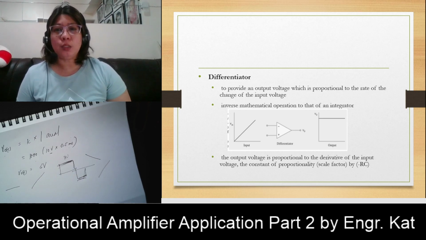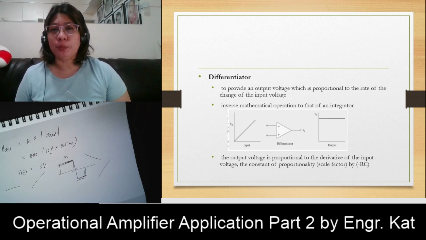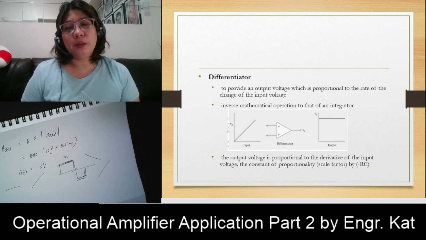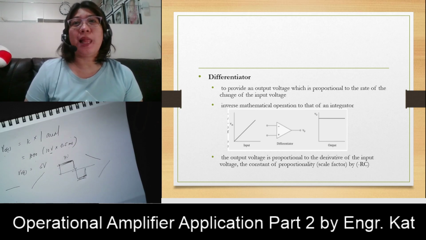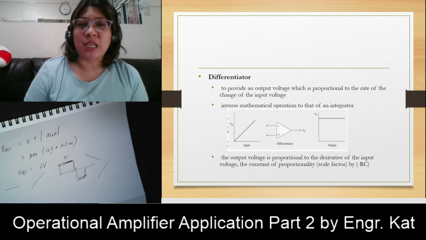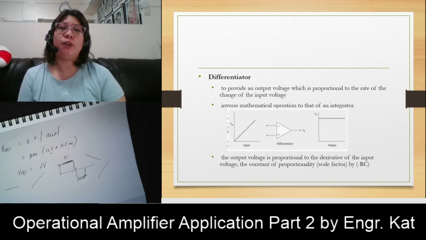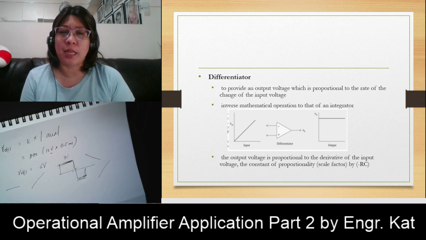So in this case, we have a ramp as an input, a changing input, and upon passing through a differentiator circuit, you will have a DC at the output.